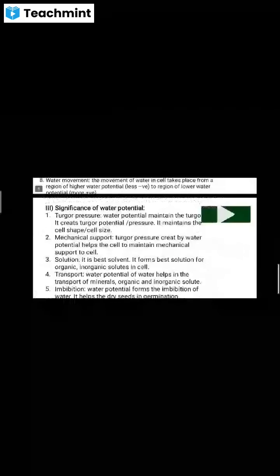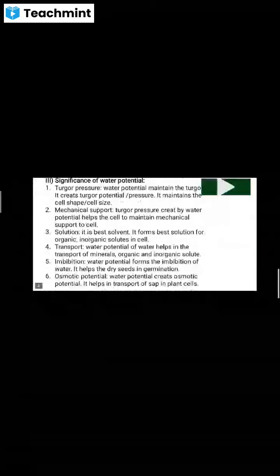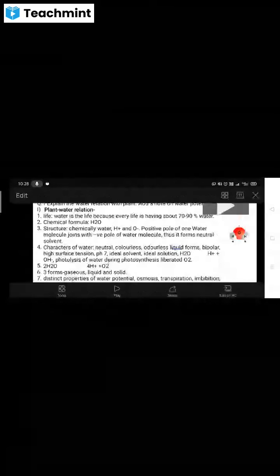Next, the significance of water potential we will discuss in the next lecture. For today, we have discussed only the introductory part of plant water relations, the structure of water molecules, the characters of water, and then water potential. So, what is the normal water potential of pure water?